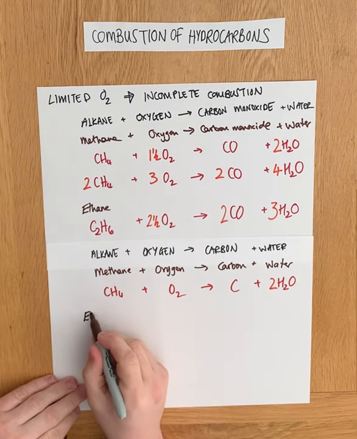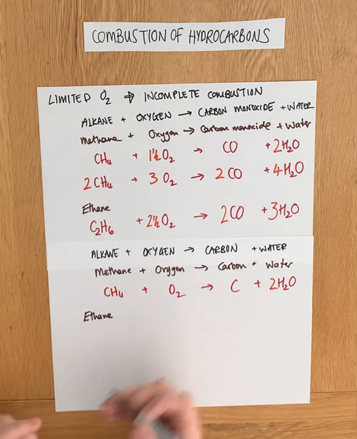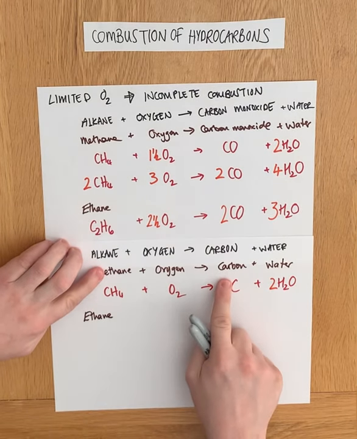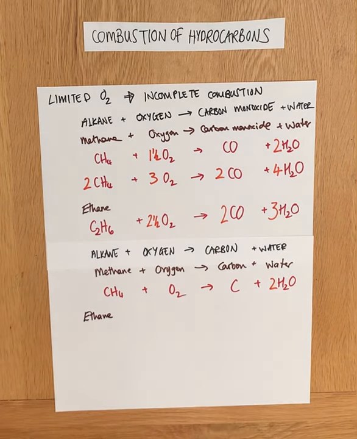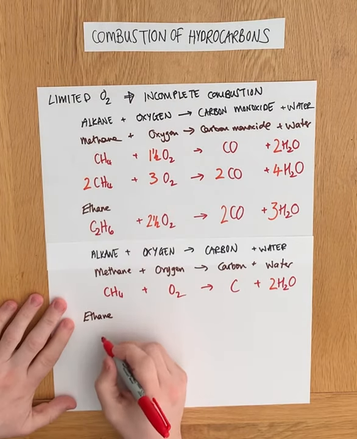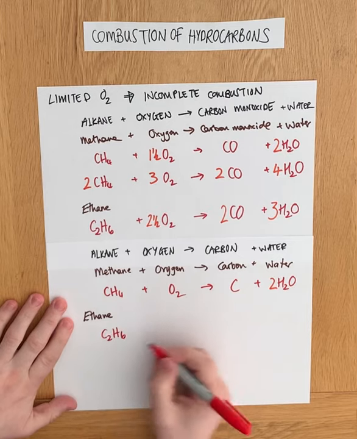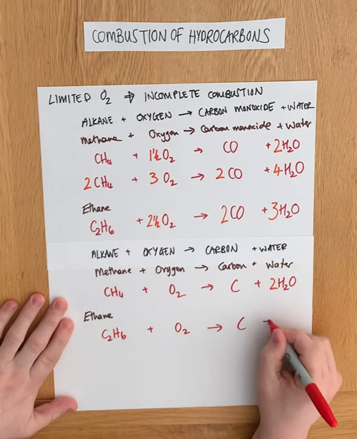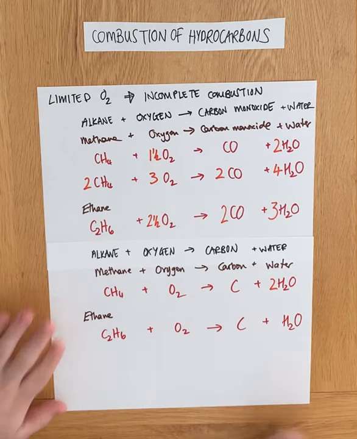If I now just have a little look at ethane, again, ethane would react with oxygen to make carbon and water. If there is not much oxygen around, there's a very limited supply of oxygen. Ethane reacts with oxygen to make carbon and water.